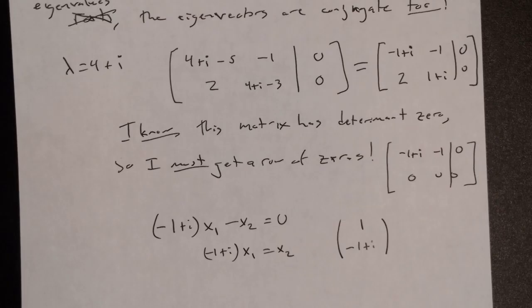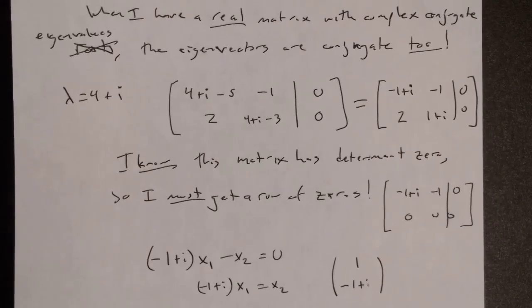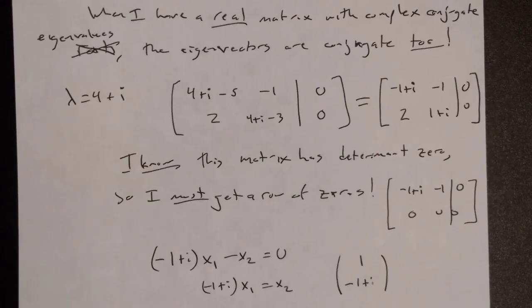Now, up at the top of the screen, there's a sentence that says, when I have a real matrix and it's got complex conjugate eigenvalues, then the eigenvectors are conjugate too.